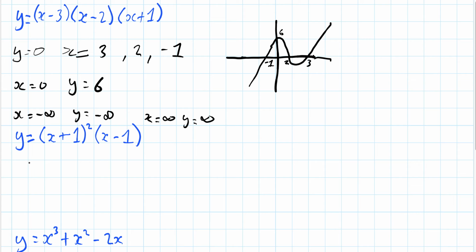Next one, we do the exact same thing. Y equals 0, here it's kind of factorized for us, so x will equal -1, and x would equal 1 from this one here. When x equals 0, y equals 1 times -1, which will be -1.